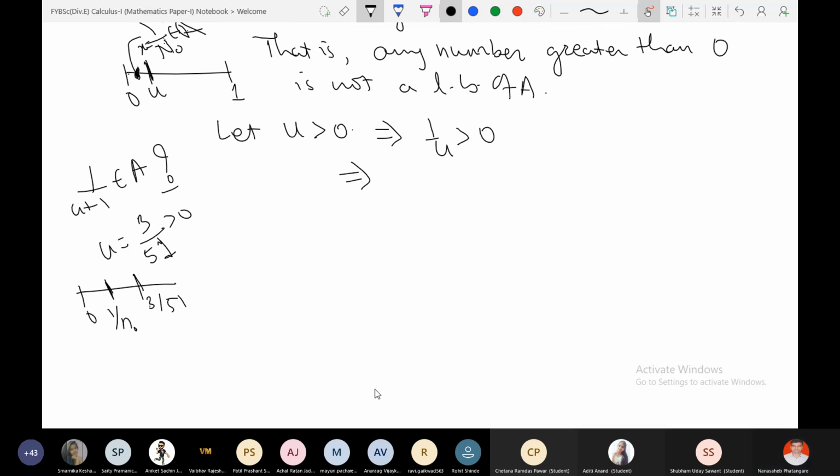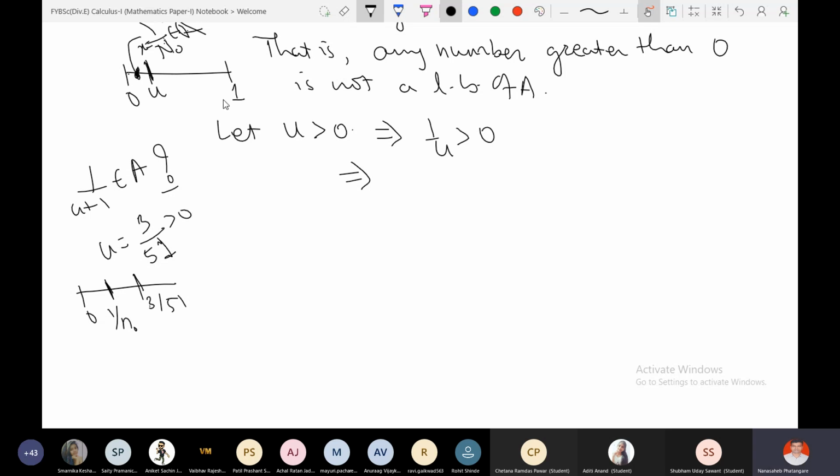Clearly, 1 upon u is positive, right? I don't know what 1 upon u is, but whatever it may be, I know u, so I know 1 upon u, but how large it is doesn't matter.